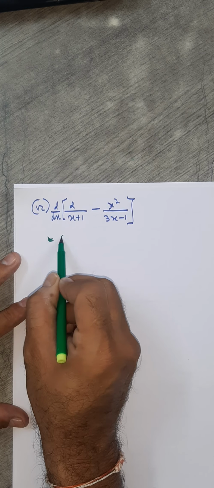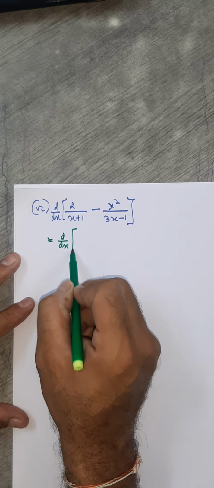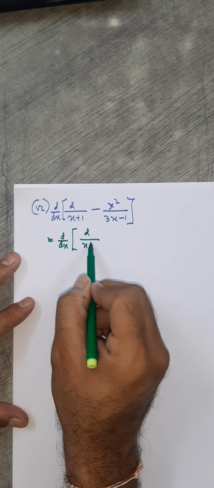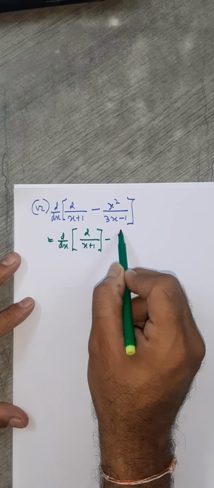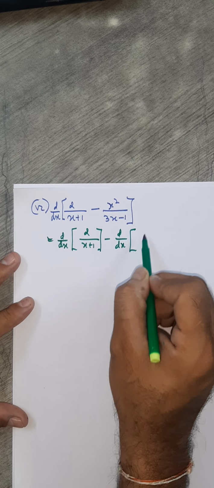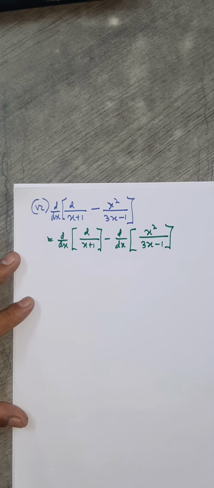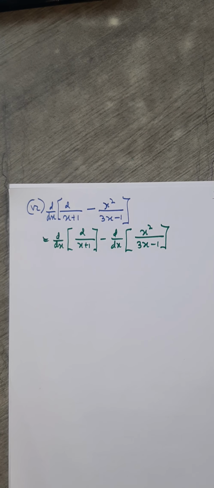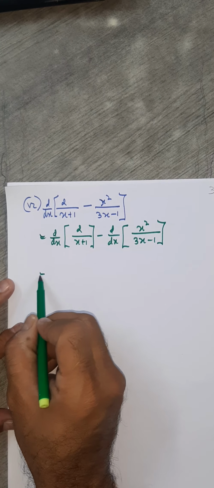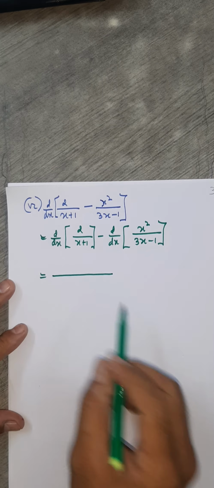Okay. So differentiation of the first one, d by dx of 2 upon x plus 1, minus, this is very standard working rule, differentiation of the other one. This is subtraction rule. For addition and subtraction, you can take derivative directly inside the bracket. So we have this. Now for both of these we use the division rule. What is the division rule?